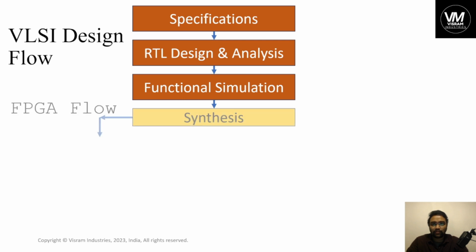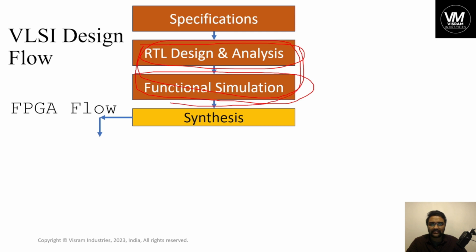And then we go for synthesis. This is the major step. The text file you have written in the RTL design has its functionality checked using functional simulation. After the scripting work is done, you need to assign some libraries.